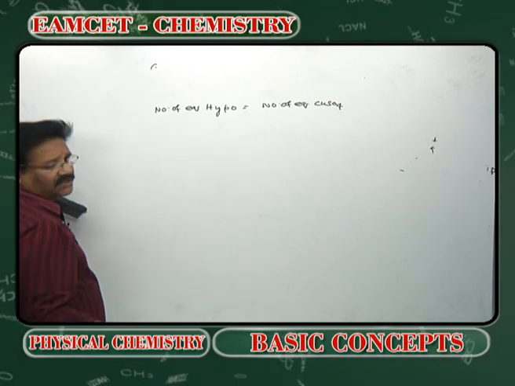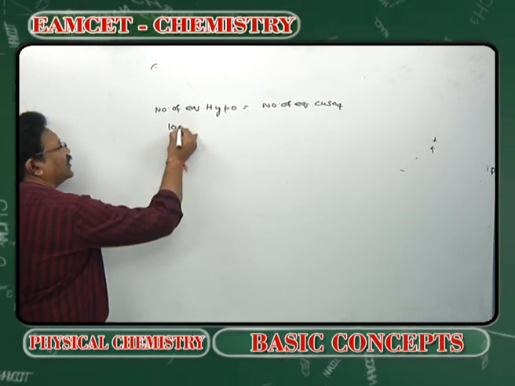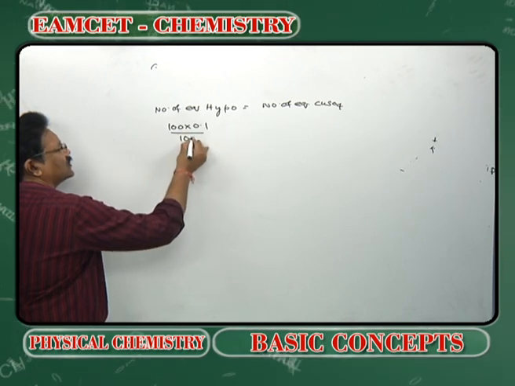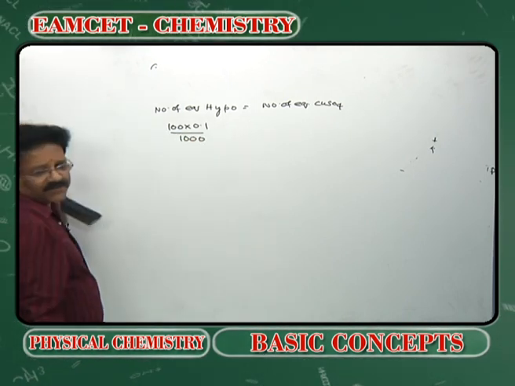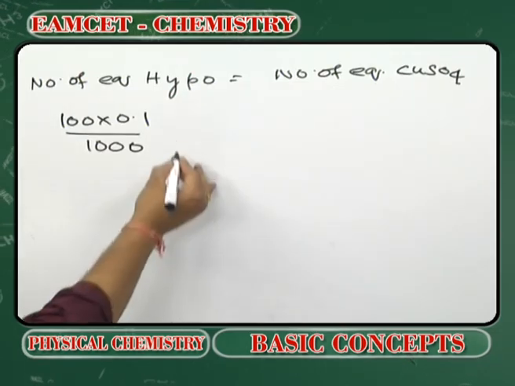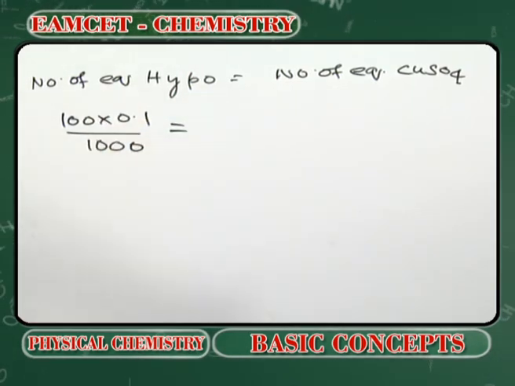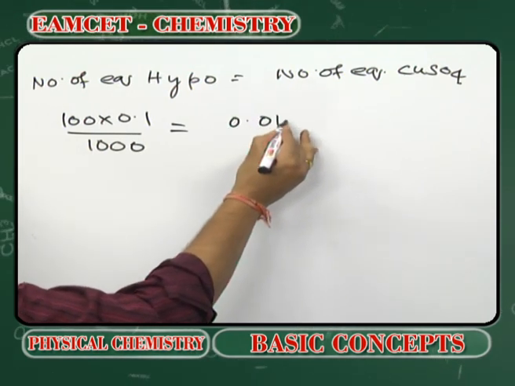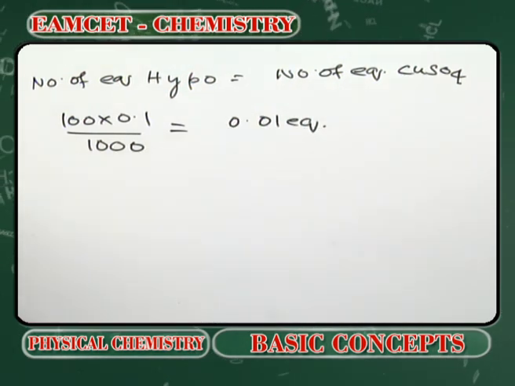How to get it? 100 into 0.1 by 1000, number of equivalents of hypo will be 0.01 equivalents.